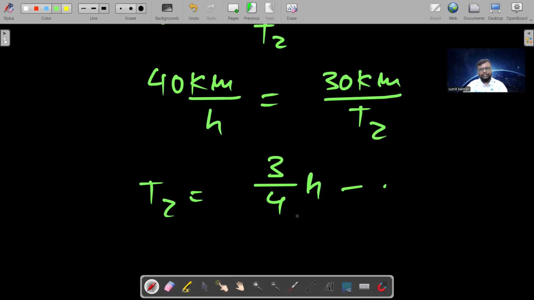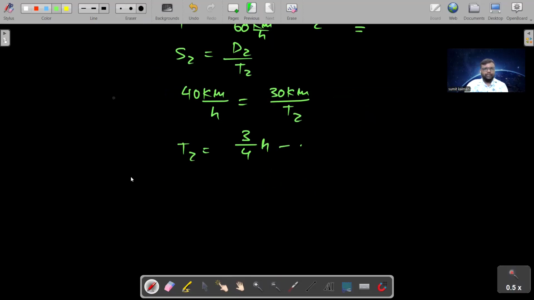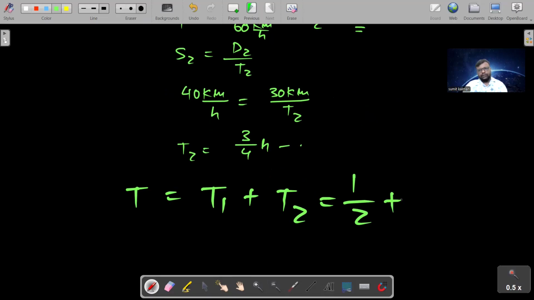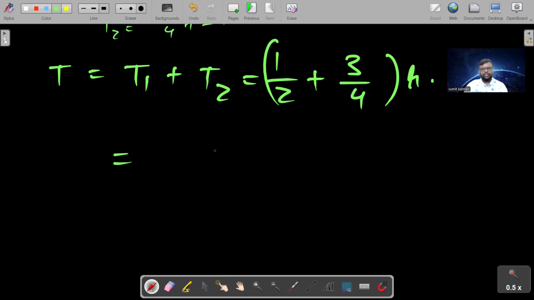And now, students, you have to calculate total time here. Total time I am denoting by T. T is equal to T1 plus T2. So it will be half plus 3 upon 4, and both are in hour. And students, we want our answer in minutes. So 1 hour has 60 minutes. So here LCM will be 4.